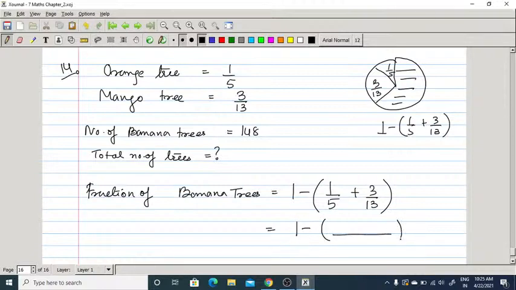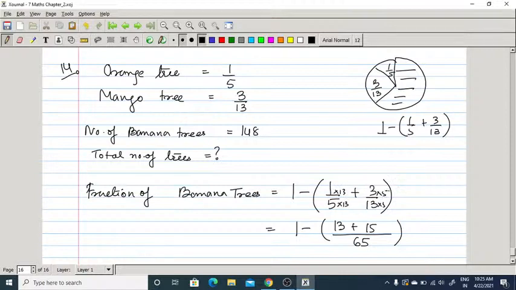Now see what will be the LCM. The LCM will be the product of the two denominators, because both the denominators are prime numbers. So the denominator is 65. So this is 13 plus 15, because this is into 13, and this is into 5.